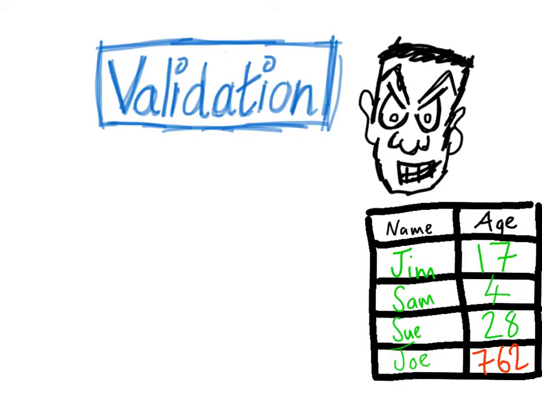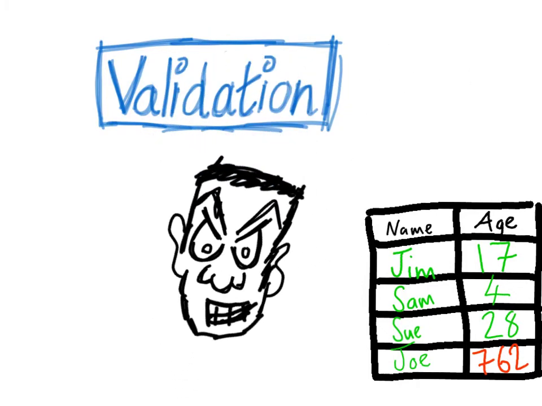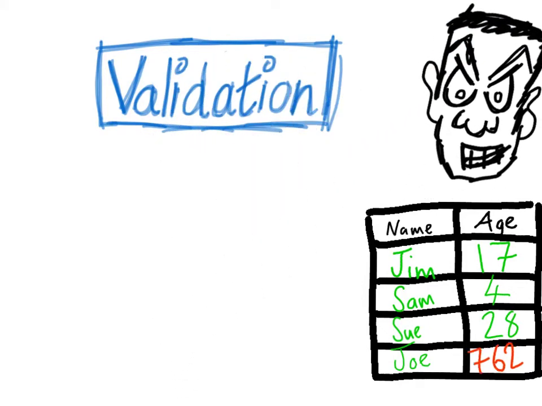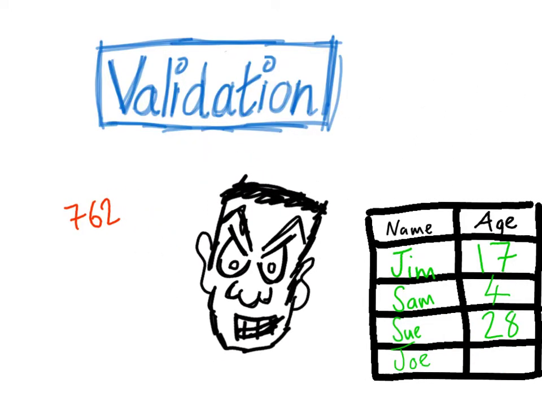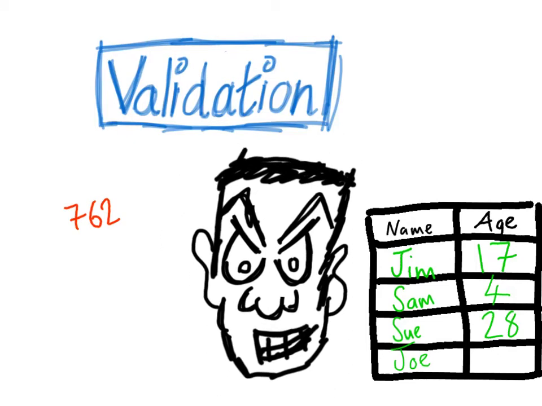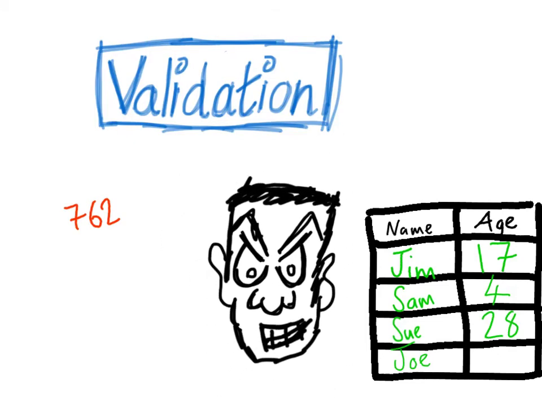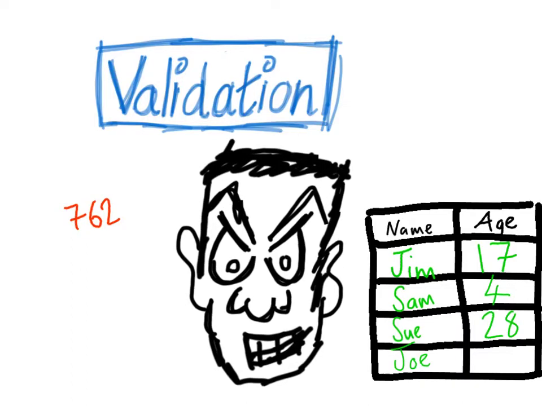So we can again use a validation technique, which is going to reject the bad data out of our system, and it's going to tell us that we've made a mistake. So we might set up a message to appear whenever incorrect data is entered, something to say like, sorry, but you seem to have entered an incorrect value, can you double check it and enter it again.